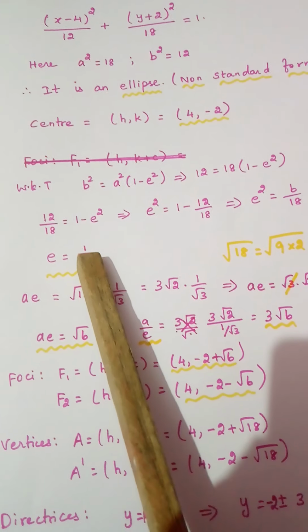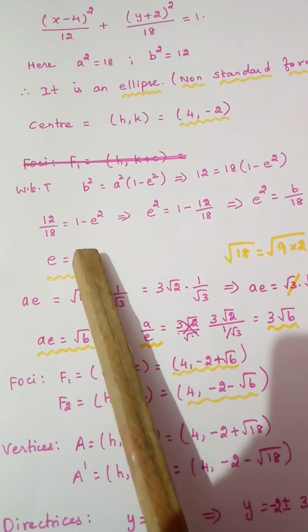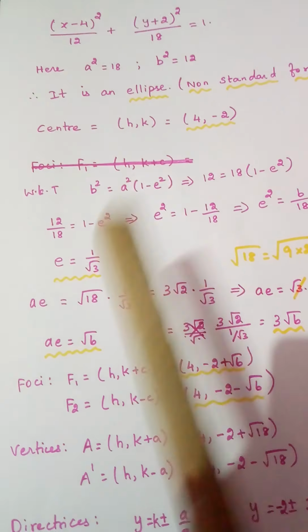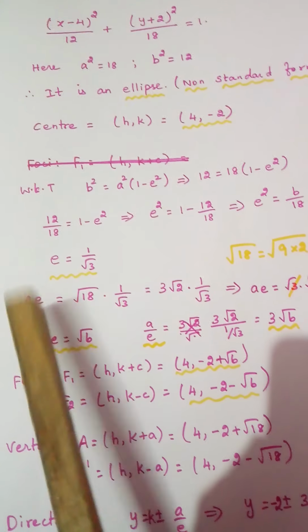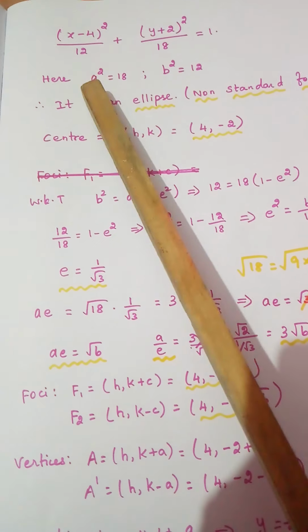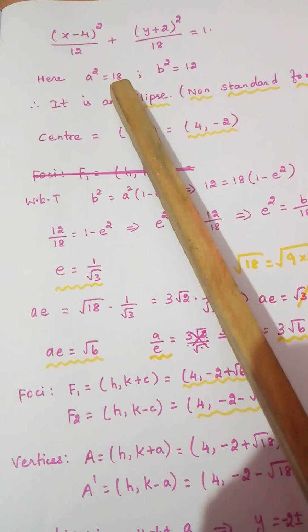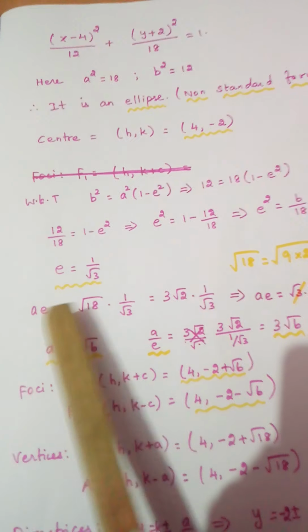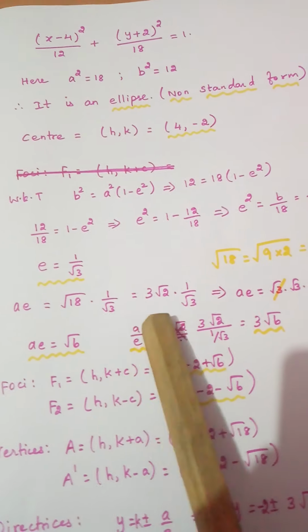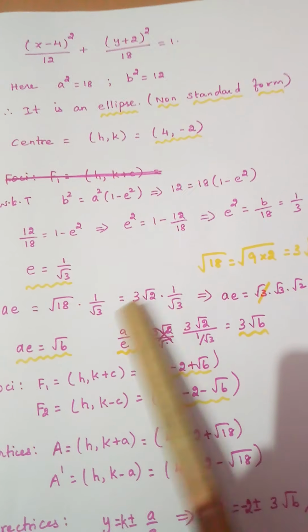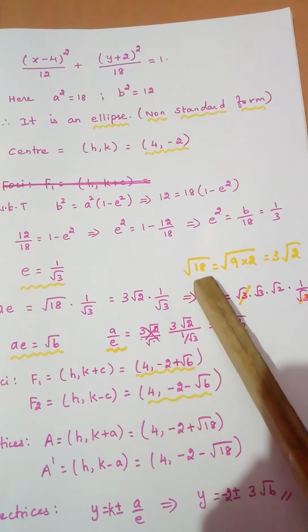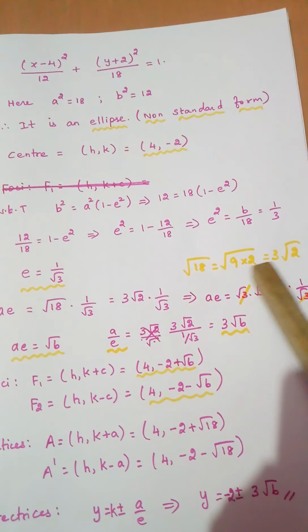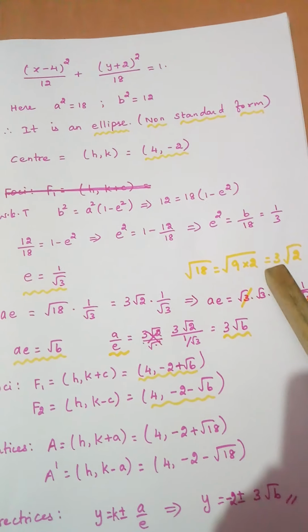After this we will calculate two things. What are they? AE and A by E. AE, what is A? See the a square value. A square is 18. What is A then? Root 18. So in place of A I am writing root 18. E value is 1 by root 3. Root 18 is written as 3 root 2. Don't ask how. See here, root 18 is root of 9 into 2. If I take 9 outside, it becomes 3.